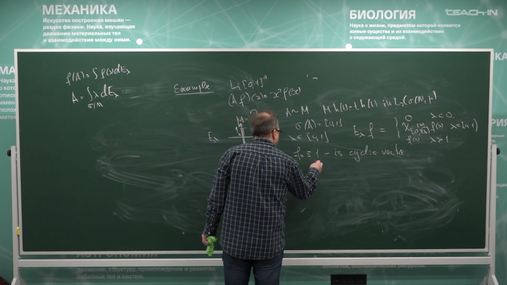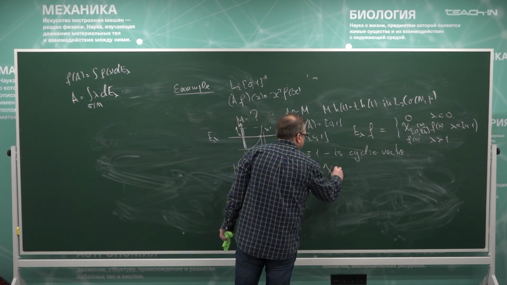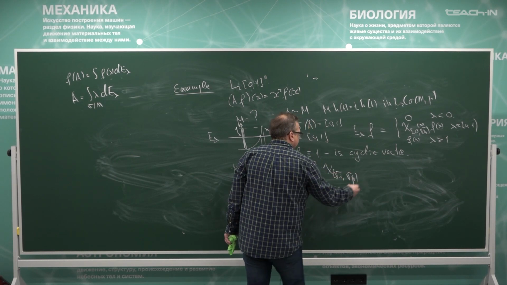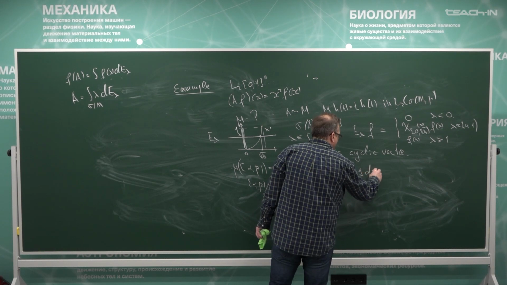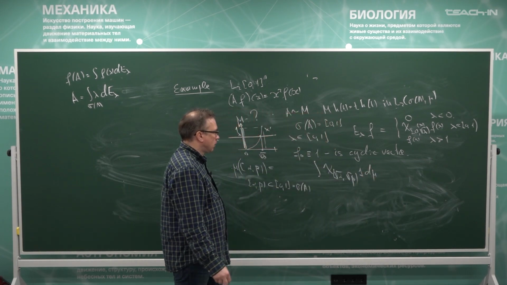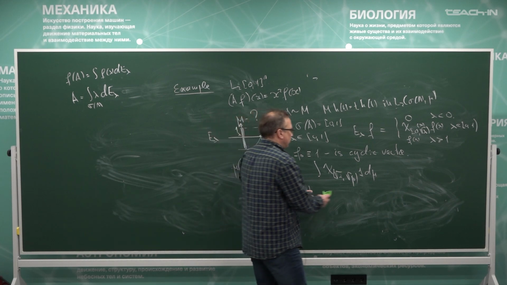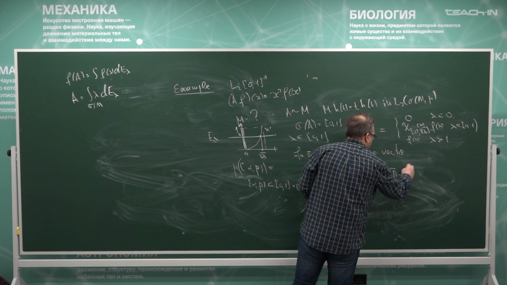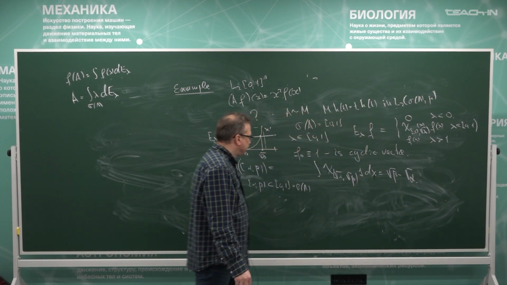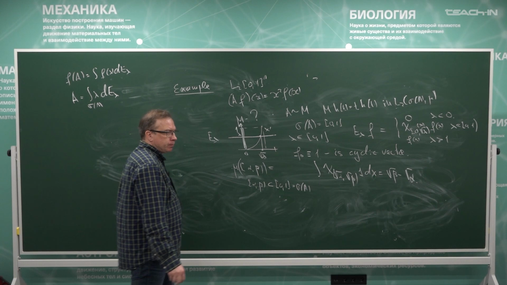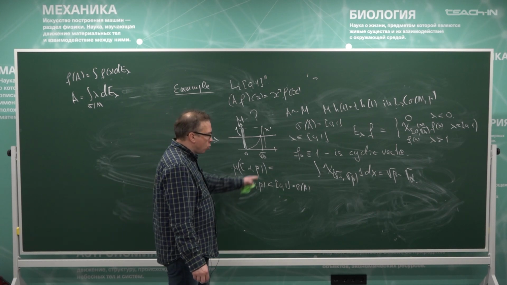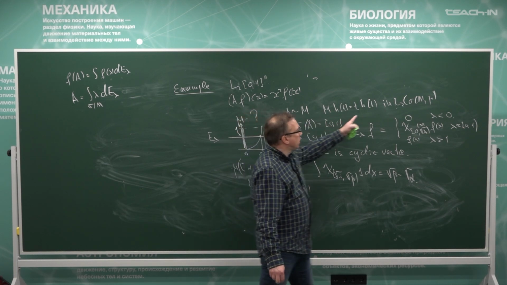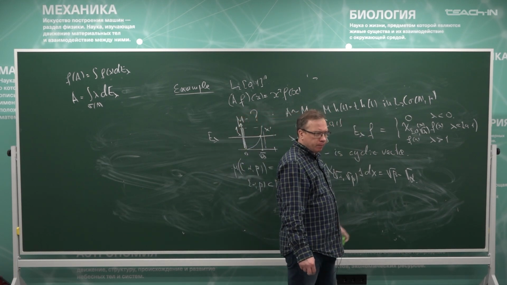So we have the integral, and this is the measure. So in L2 with such a measure, our operator is similar to the operator of multiplication by the independent variable.